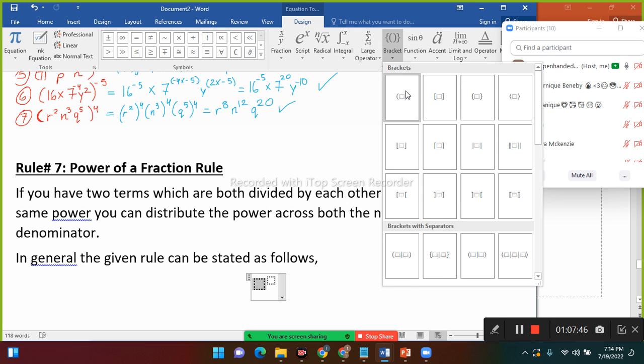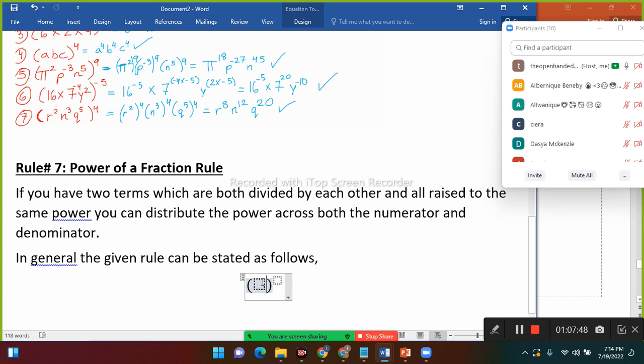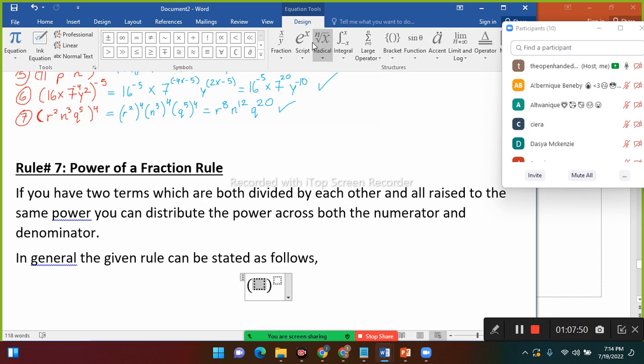So I get my bracket, and now let us put in a fraction.